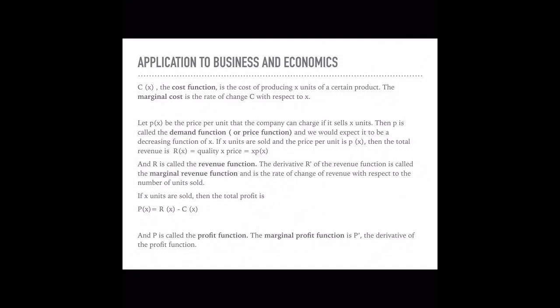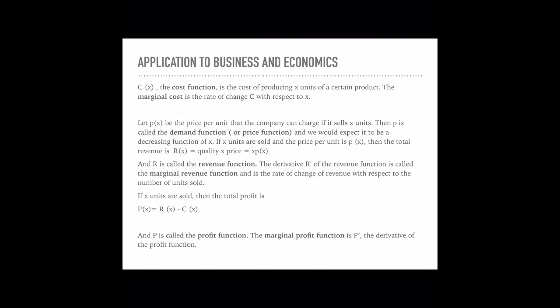So, let P of x be the price per unit that the company can charge if it sells x units. Then P is called the demand function or price function. And we would expect it to be a decreasing function of x.